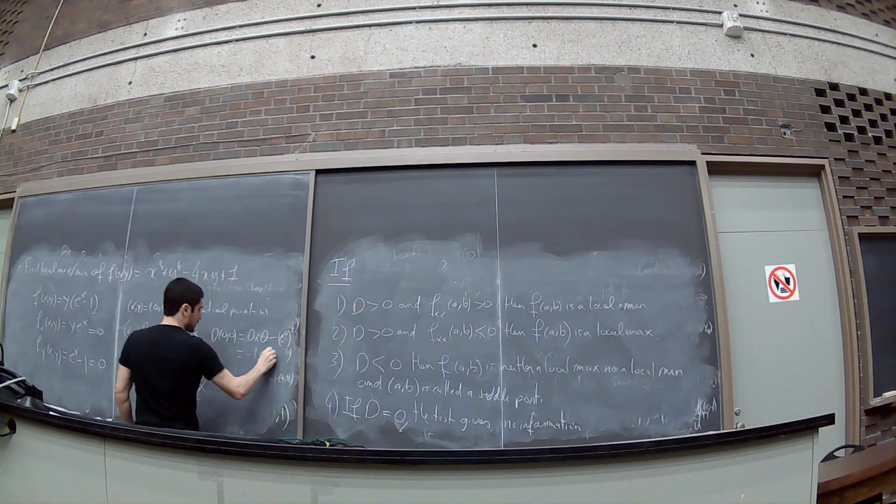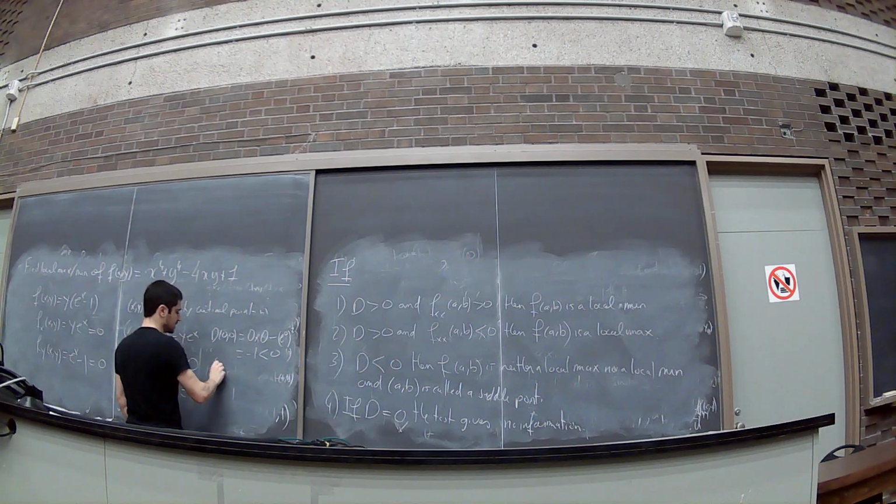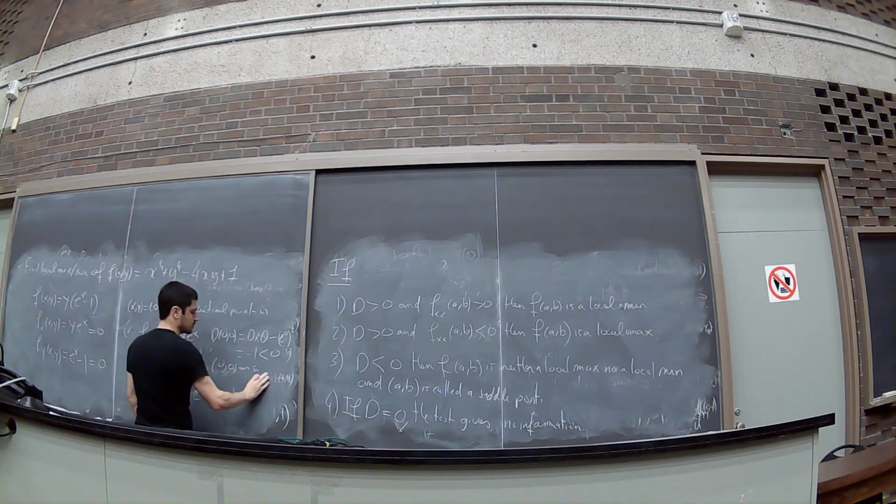So it's minus 1, negative. What is that? 0, 0 is a saddle point.